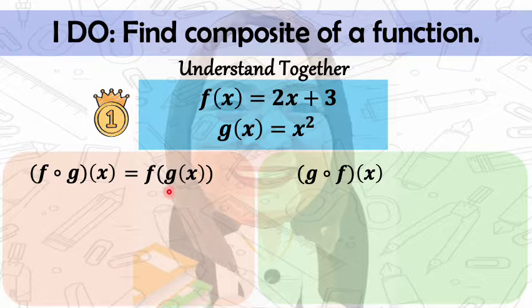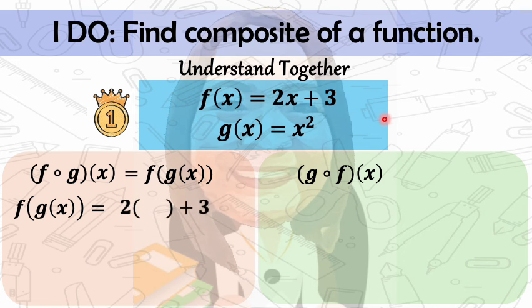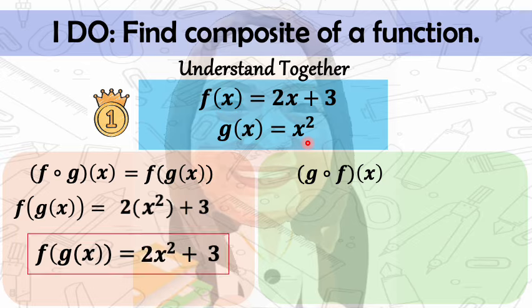So we're going to write first the function f of x and then plug in the x squared into the equation. And simplify, so we have the answer.